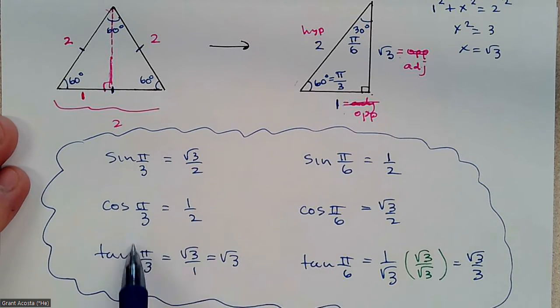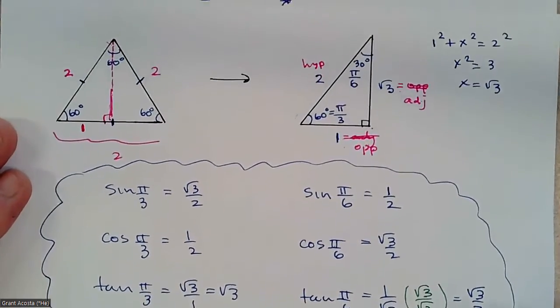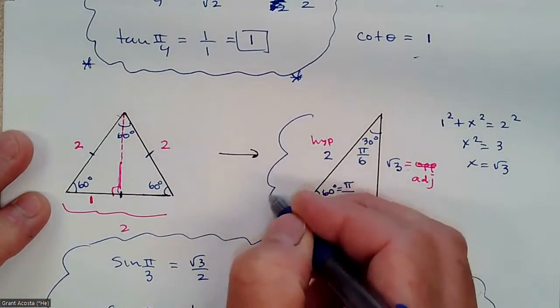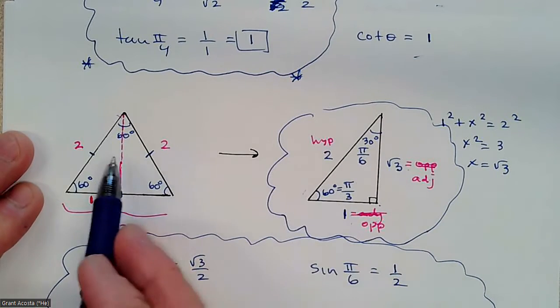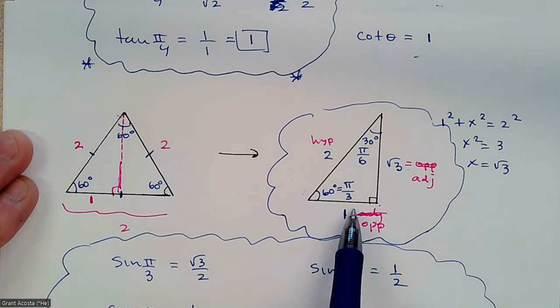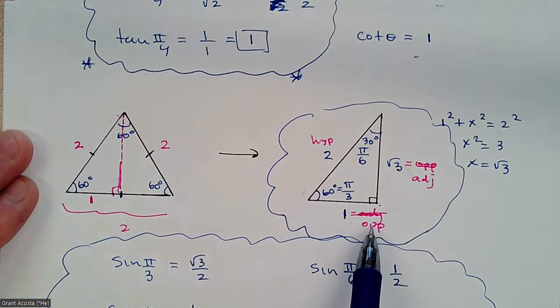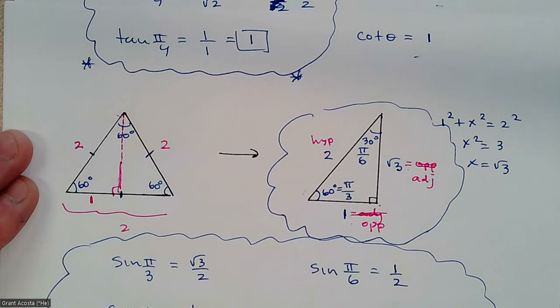You can either memorize these if you want to, but you'd have to agree that if you know how to reconstruct this triangle, and remember how I did it, starting with an equilateral triangle, and getting these sides and knowing hypotenuse, adjacent, opposite, there's no reason to memorize these. You can just use the definitions.